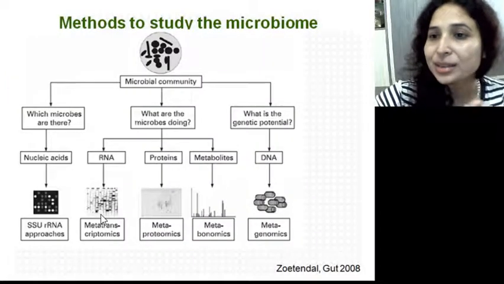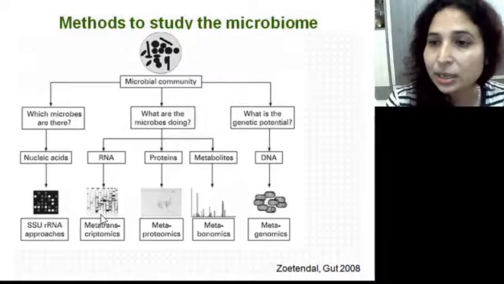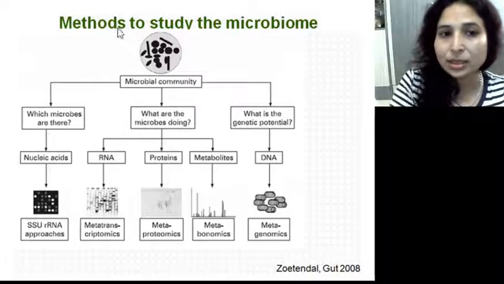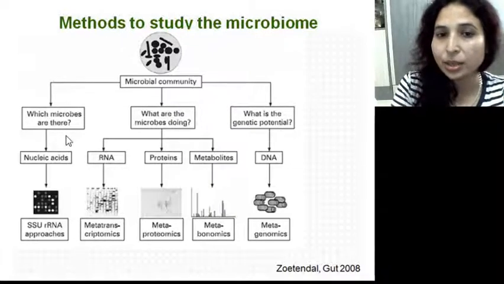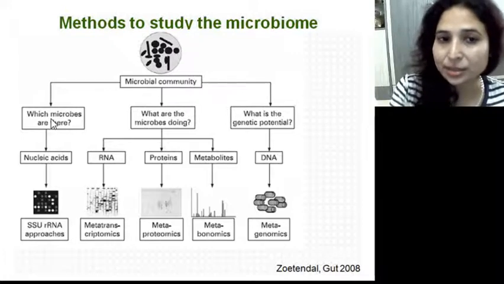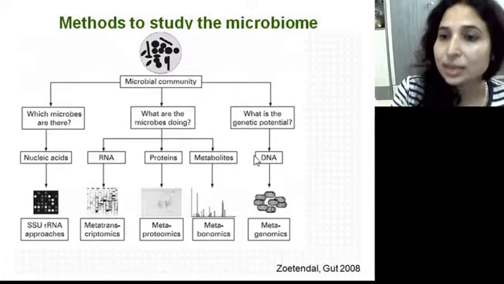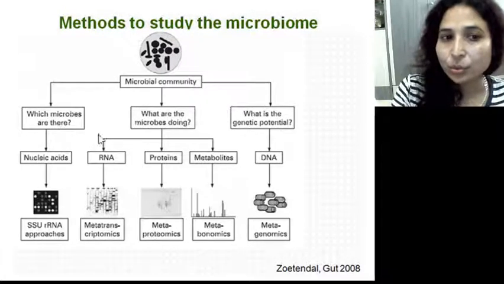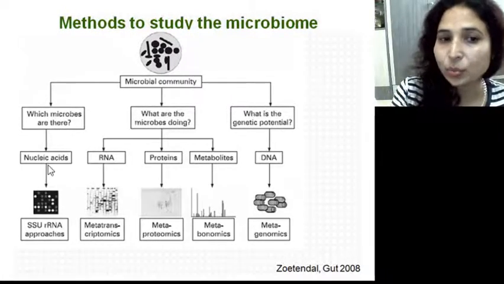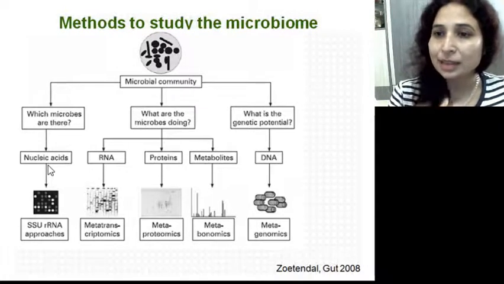Then how can we study these microorganisms? There are three ways to study. The microbial community can be studied in three major ways: what microbes are present, what they are doing, and what the genetic potential is. Which microbes are present, we can know if we do nucleic acid analysis.